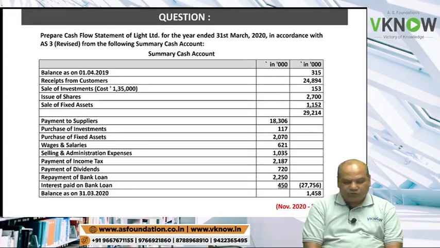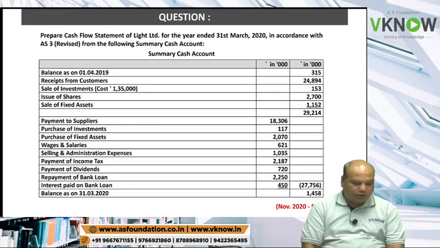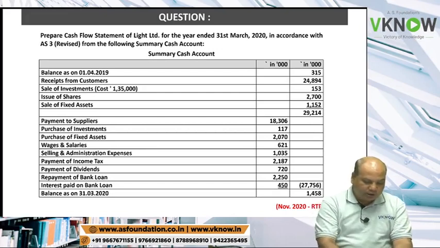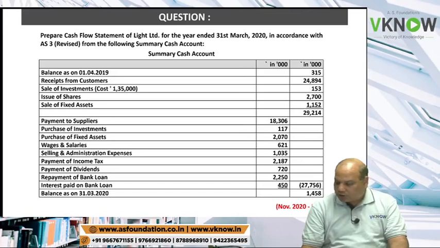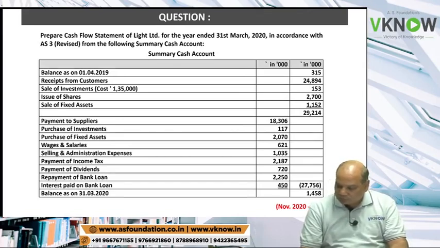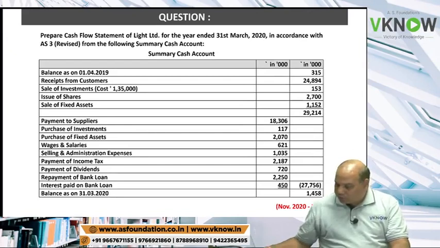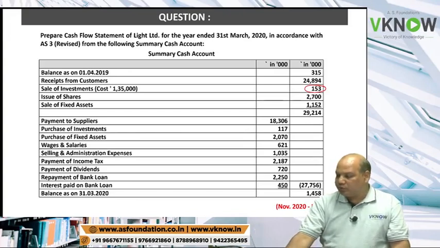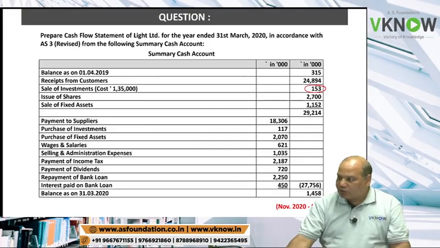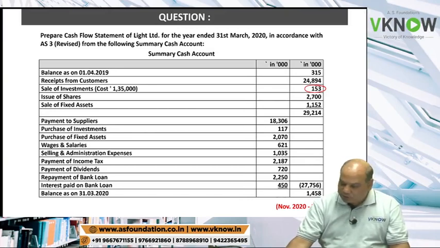Then sale of investment, in bracket write cost, 1,35,000, and in the amount column 153, because that is in thousand. Next line, issue of shares 2700.